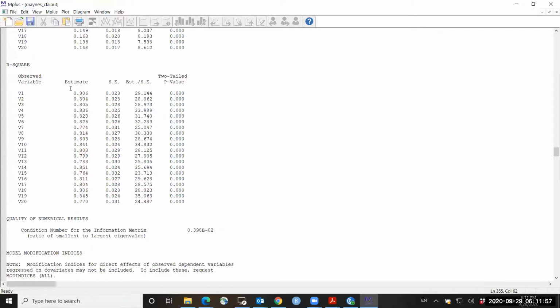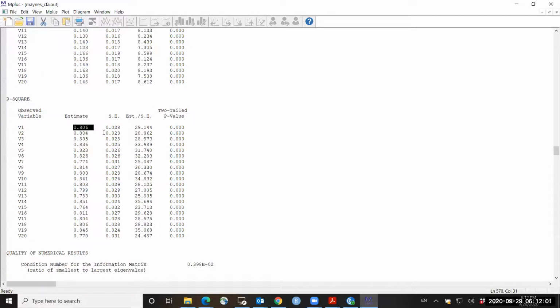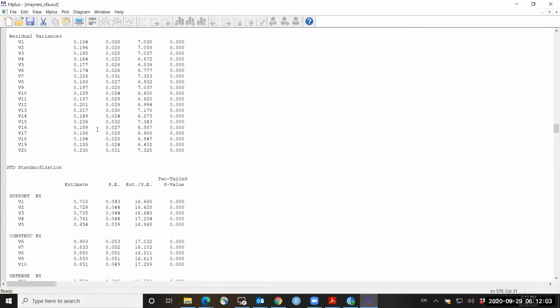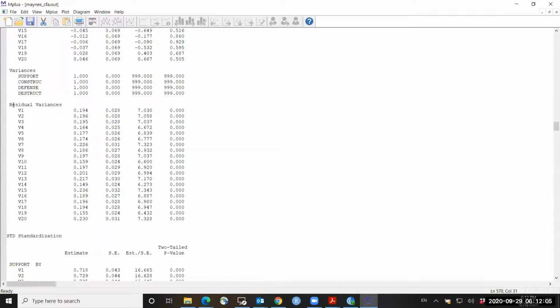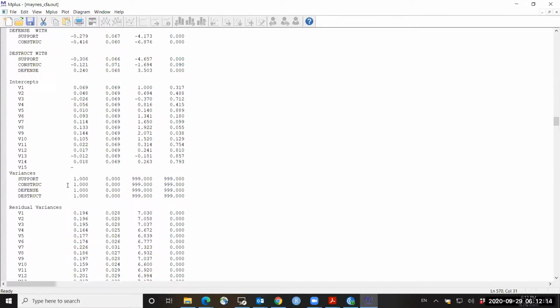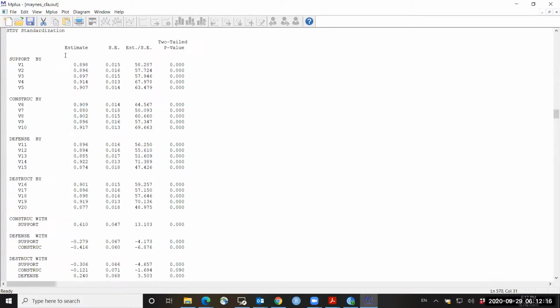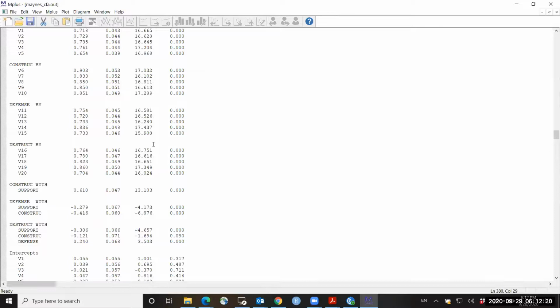And note that the R squared plus the standardized residual variance sums to 1. So the standardized residual variance is 1 minus R squared. And the R squared is the square of the standardized factor loading.